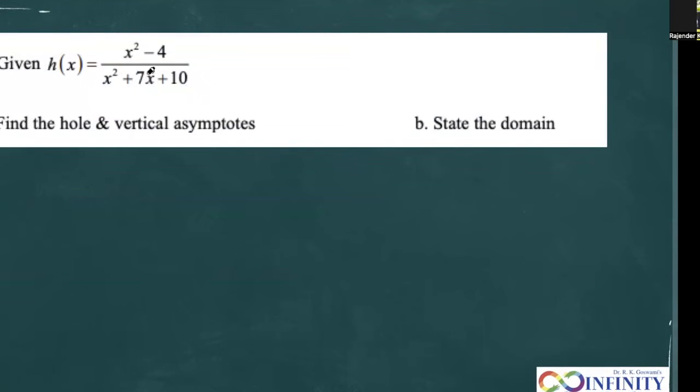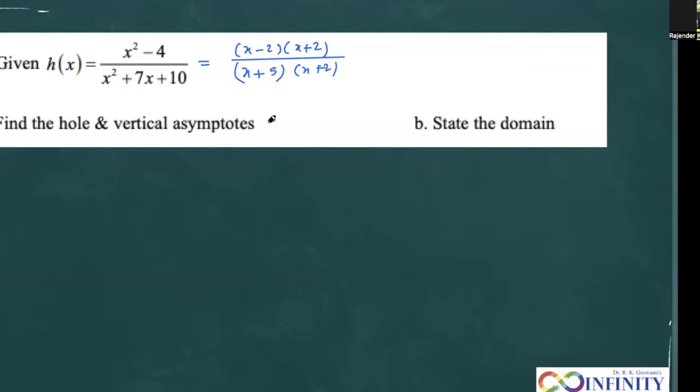Given h(x) equals x squared minus 4 divided by this term, the factors of the numerator should be x minus 2 and x plus 2. Do you agree? In the denominator, you can see the factors are x plus 2, x plus 5 and x plus 2. So certainly I can cancel out x plus 2 there without any issue.